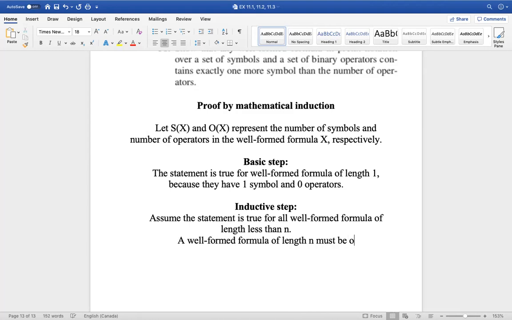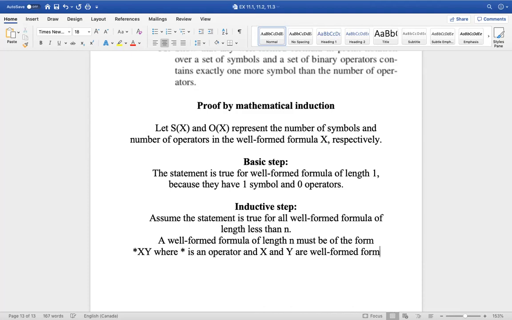must be of the form multiply x y, where the multiply sign is an operator, and x and y are well-formed formulas of length less than n.